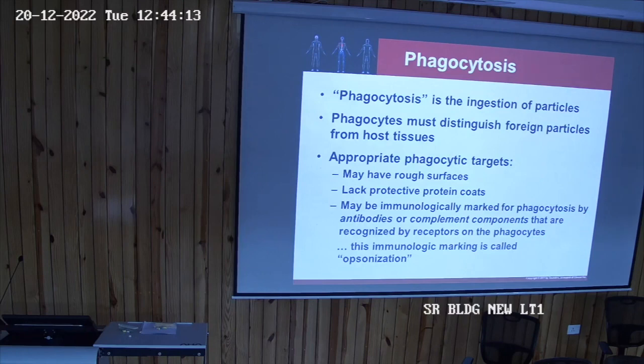The host cells or the host organism cells will have a protective coat, and this will be missing in the antigen. So with the help of these 2 basic things to keep in mind, that it will not have a smooth surface, and that in some antigens the protective coat might be missing.